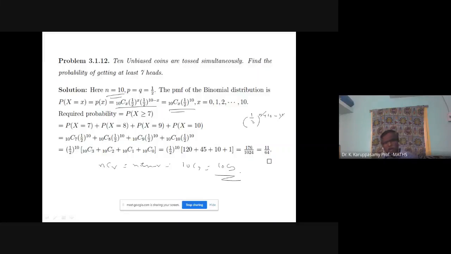If anybody has a calculator, you can take the calculator. I will explain how to find 10C3 using the calculator. Manually we can do 10 into 9 into 8 divided by 1, 2, 3. You can simplify. We can also use a calculator.